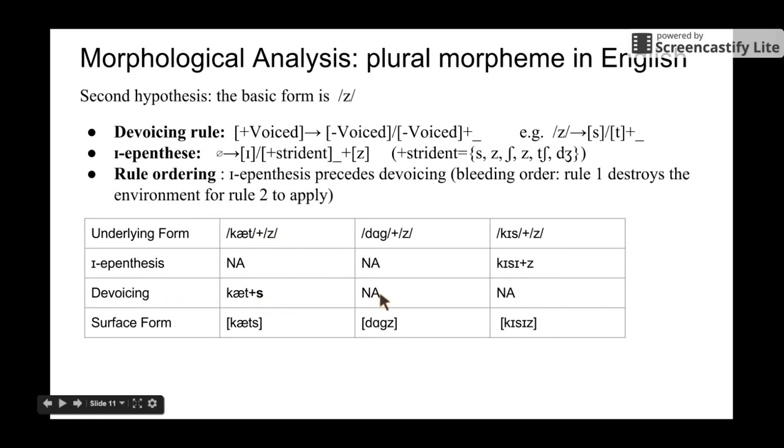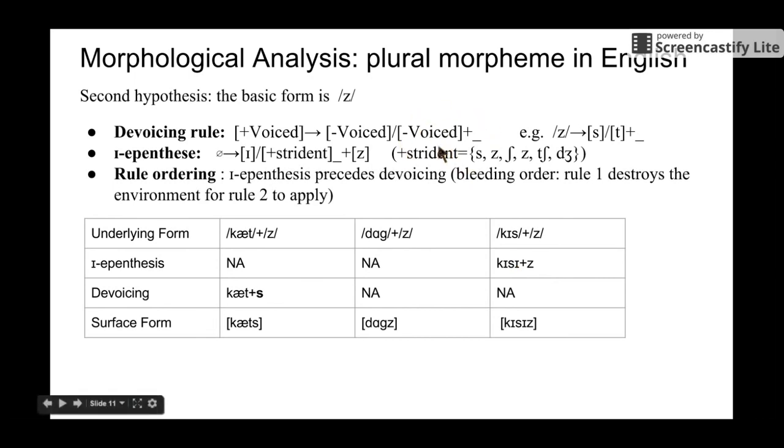And the devoicing rule does not apply to dogs because this is not the right environment. We need a minus voiced sound for the triggering environment. G is a voiced sound. Okay. Yeah, and here the inserted vowel is a voiced sound.